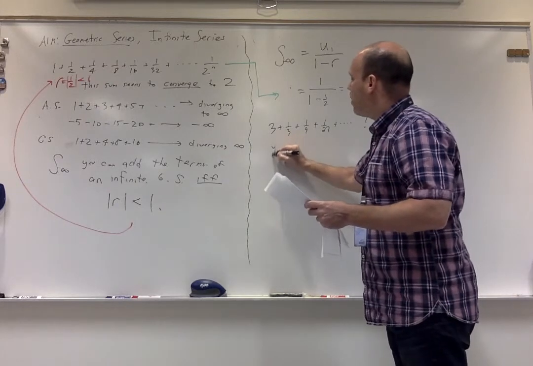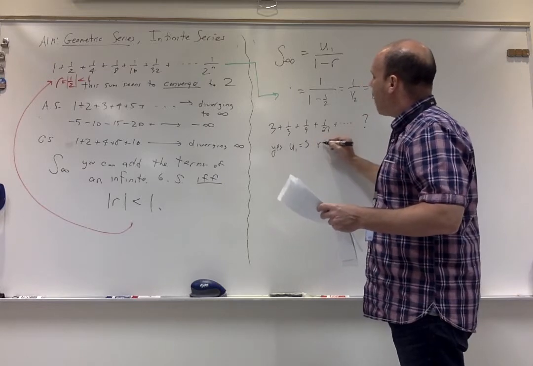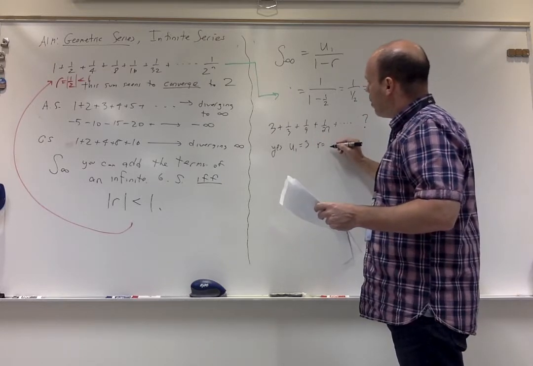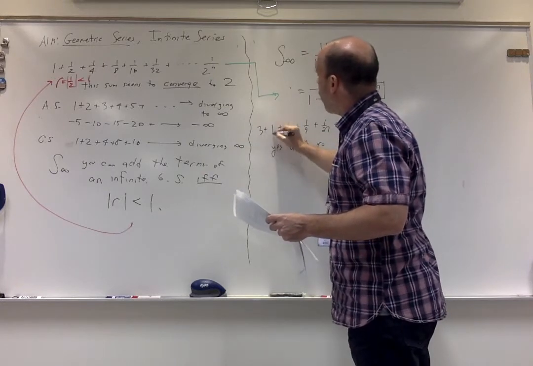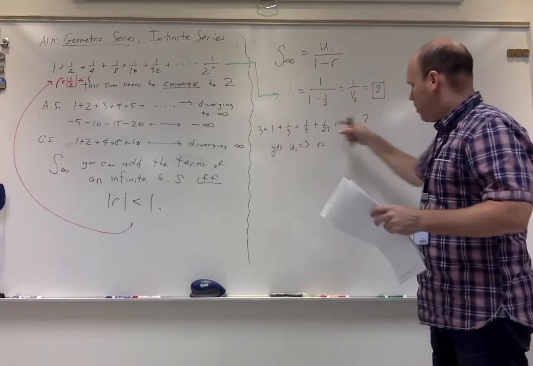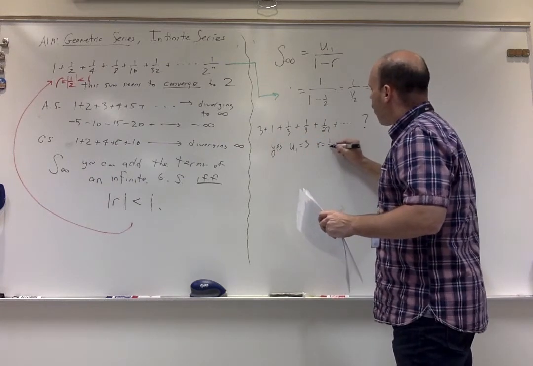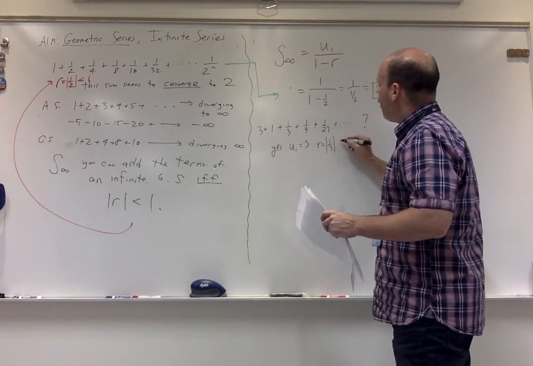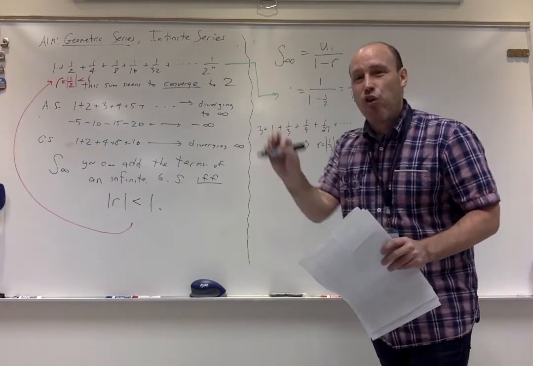Say yes. Yes, u of 1 equals 3, and the common ratio, I'm sorry, I apologize, stick a plus 1 in there. That means the common ratio is 1/3, whose absolute value is less than 1. So we're in good shape. We're going to converge to a number.